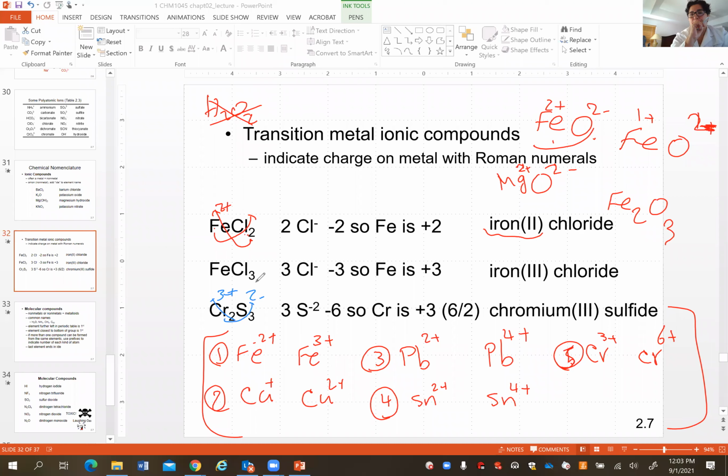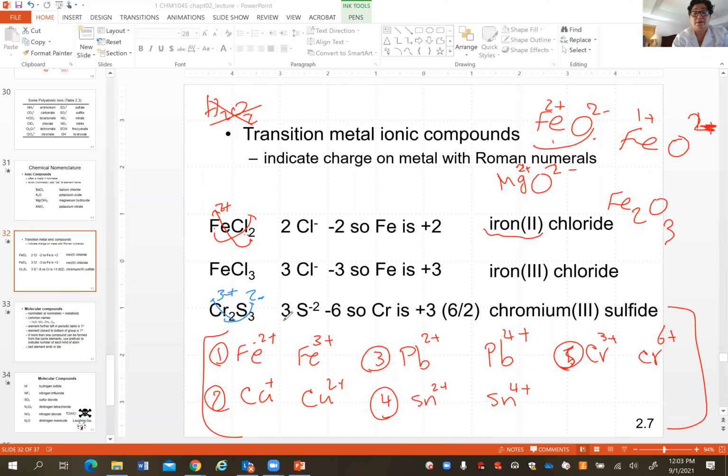But if you say 1 and 1, it looks like there was simplification there. In this case, sulfur has 2 minus charge when you look at the periodic table, so it was not simplified.